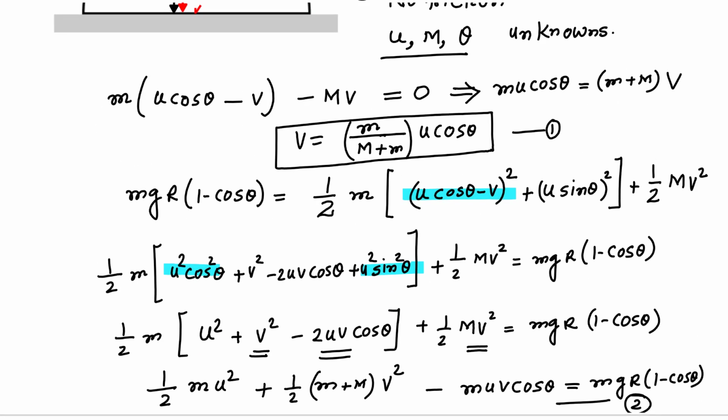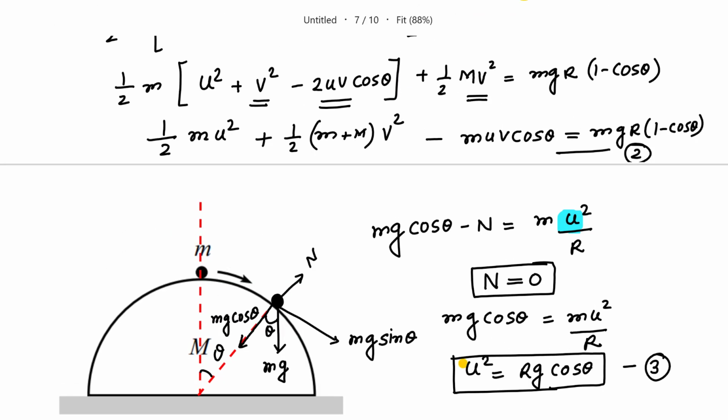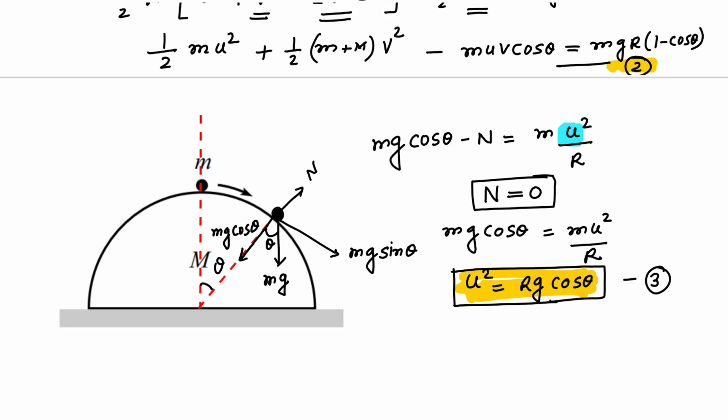So what we will do is we will take this v value and this u value. So from 1 and 3 we will plug in equation 2.